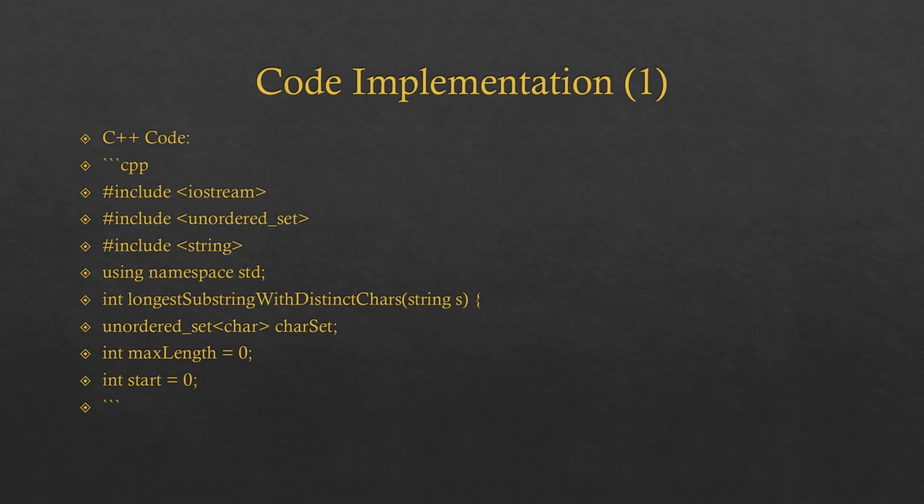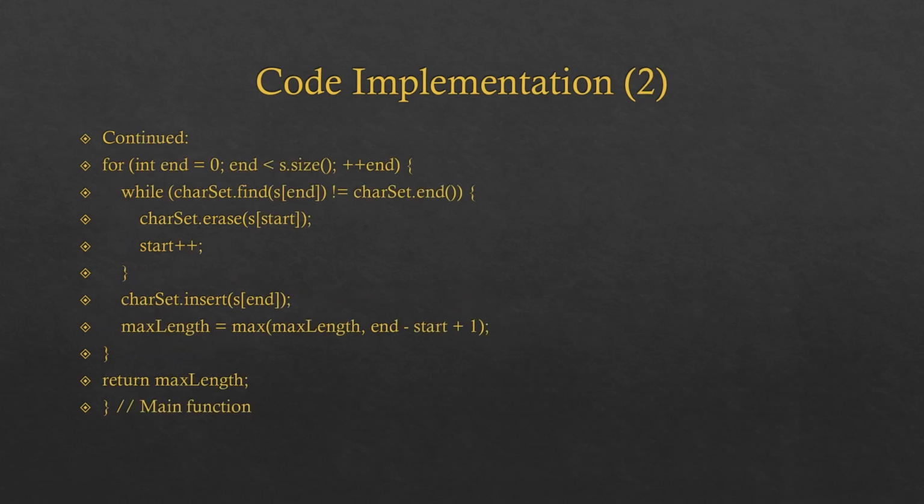Let's take a look at the code implementation. We start by including necessary libraries and defining the function longest substring with distinct chars that takes the string as input. In the function, we initialize the hash set, start pointer, and max length variable.